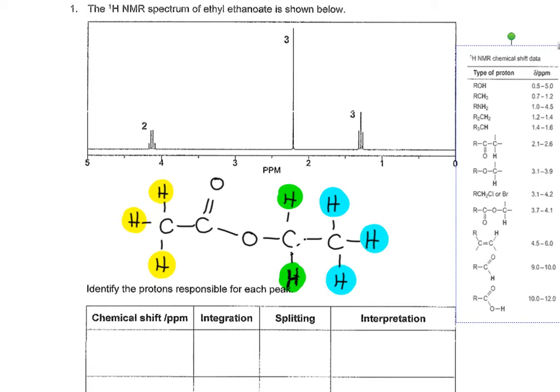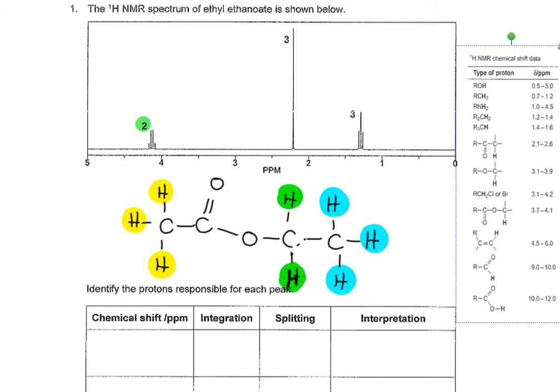Perhaps the easiest ones to identify from the spectrum are the ones where the integration value is 2, so that's been caused by the two protons, the green ones, and their chemical shift.